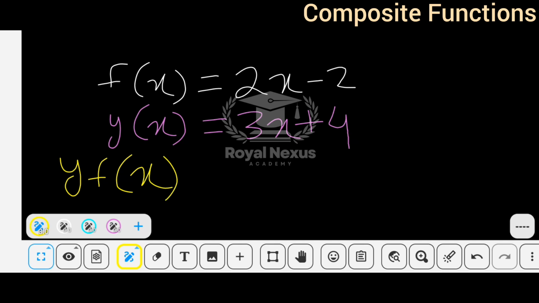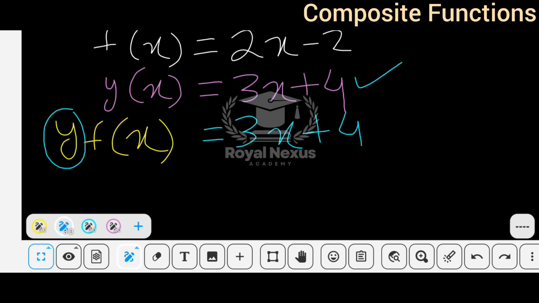So the tip is, whatever function is written on the left hand side, just write that function. So the function is y, just write 3x plus 4. Now in place of x, you need to put the value of f of x, that is 2x minus 2, because f of x is written next to y.